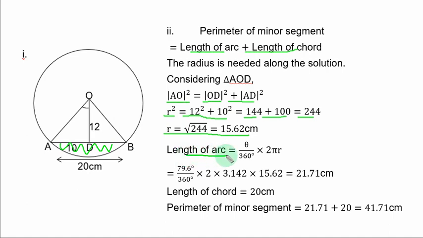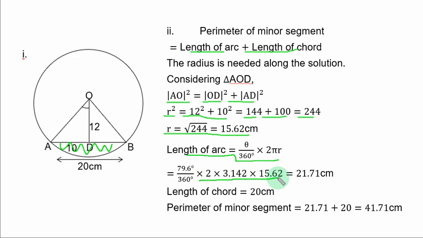So let's get the length of the arc first. The length of the arc is computed using this formula. The angle is 79.6 over 360 degrees times 2 times pi, 3.142, times the radius 15.62.